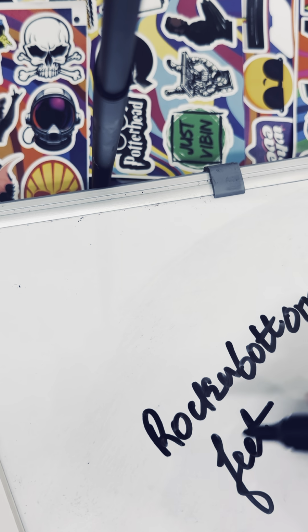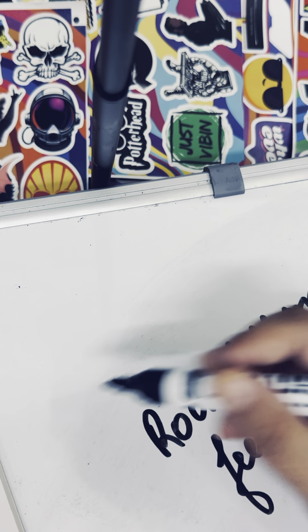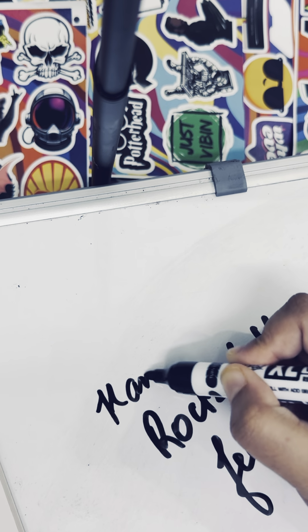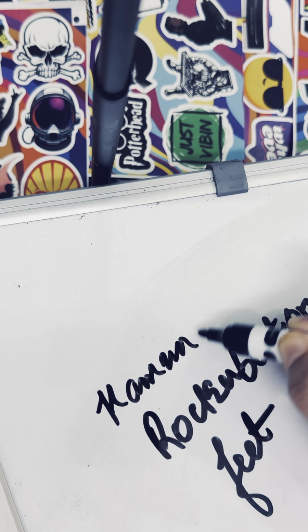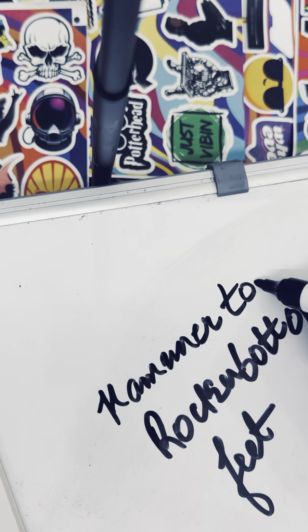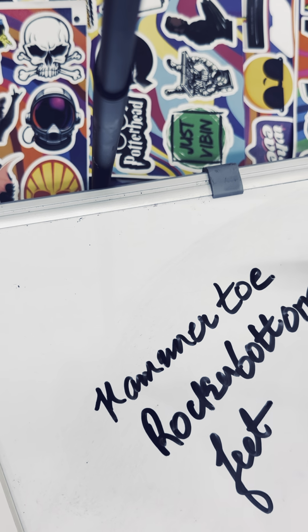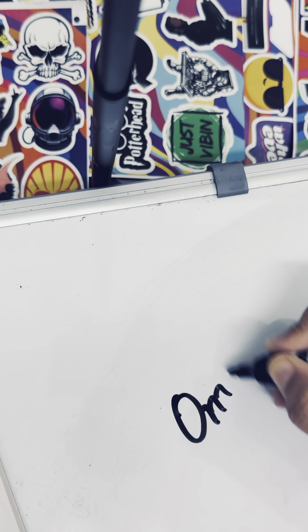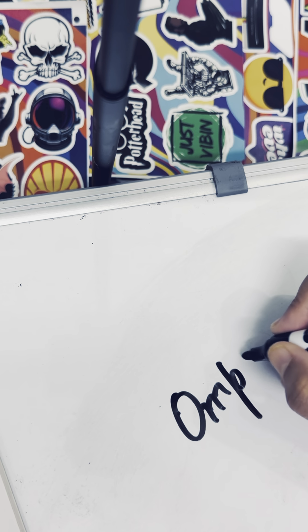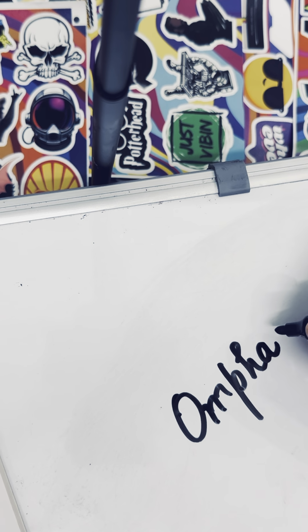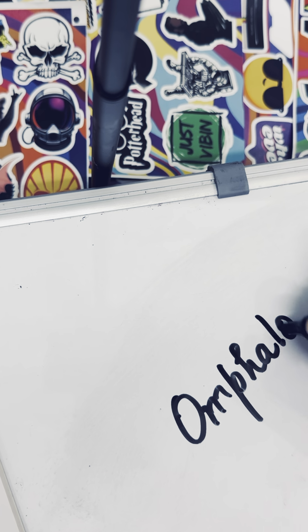That is very important. Apart from rocker bottom feet, you can see hammer toe. That is important. And one last important finding is omphalocele. I told you the difference between omphalocele and gastroschisis and how to differentiate between them.